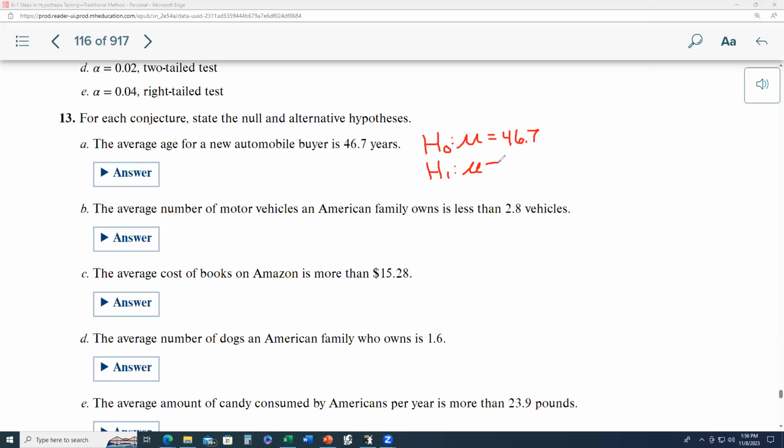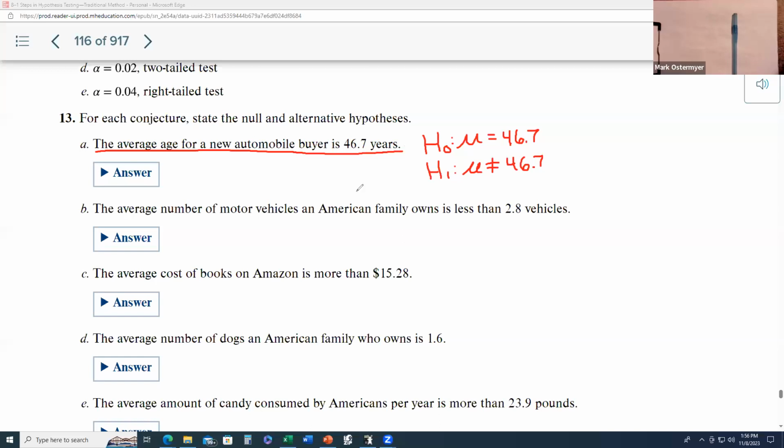Not equal to. Not equal to 46.7. Ladies and gentlemen, these would be the hypotheses you'd want to test based on that statement or that claim that was indicated here. Okay. What kind of a test would this be? Upper tail test, lower tail test, or two-tail test?